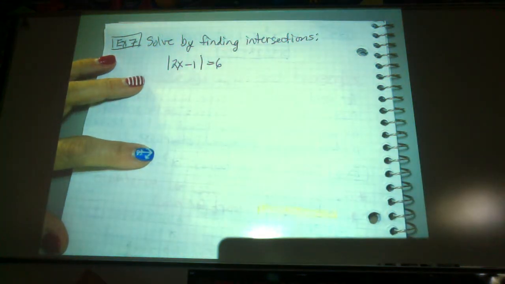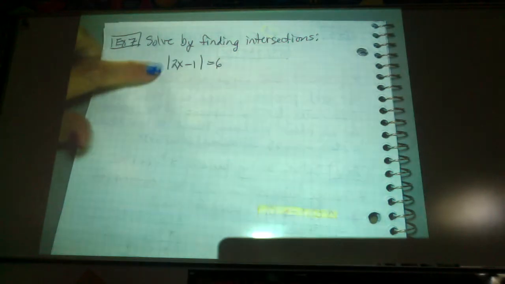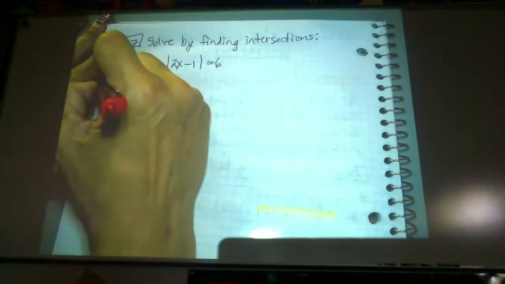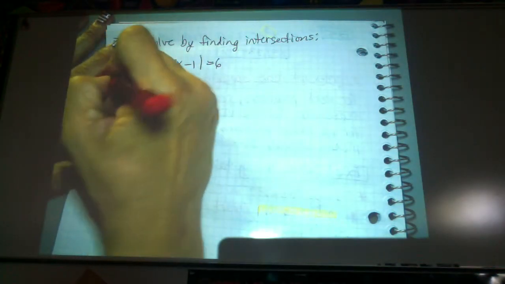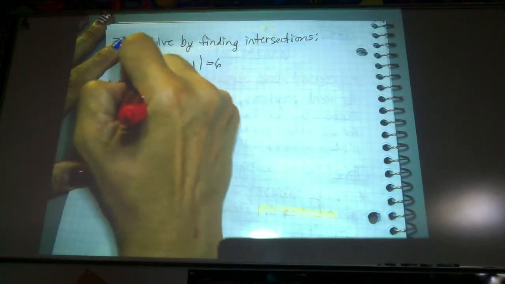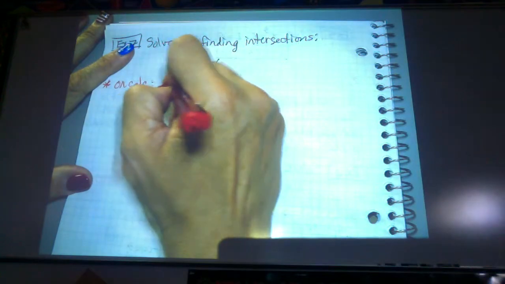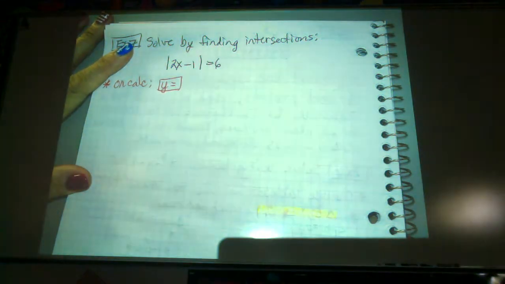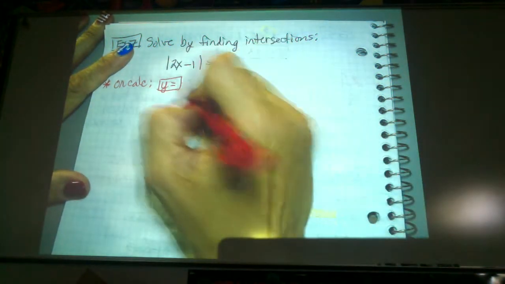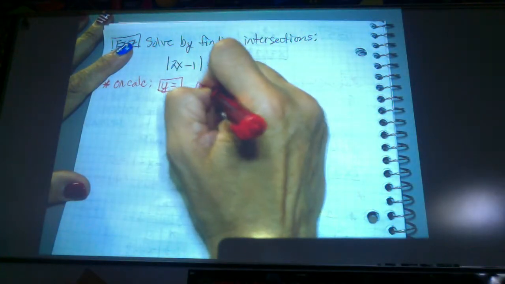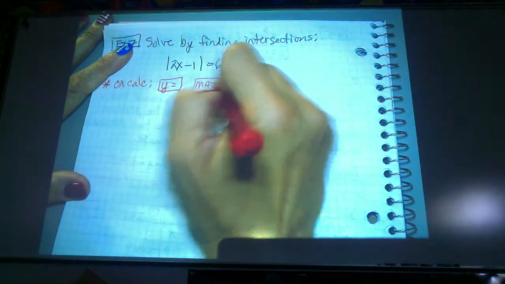On your calculator, this is how you're going to put absolute value into y equals. Go to y equals, then select math. There's a math button below the alpha button.